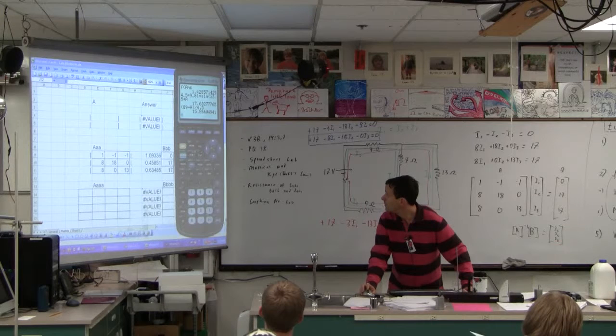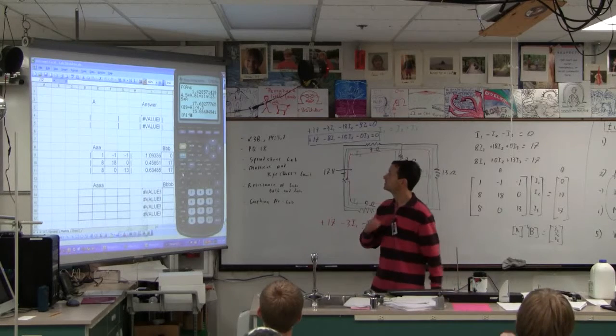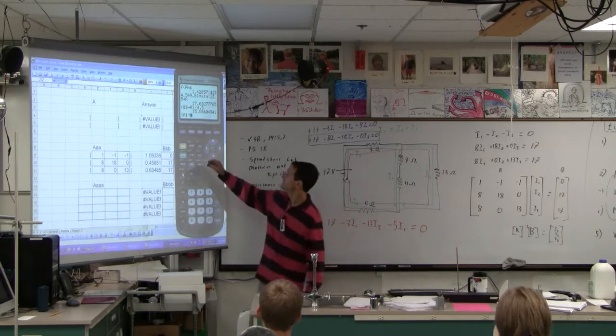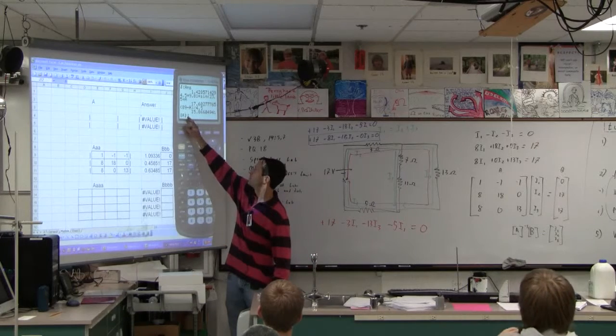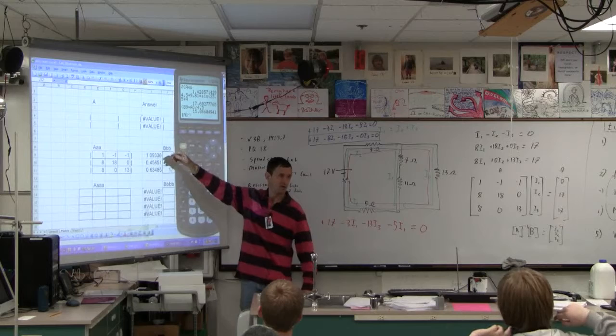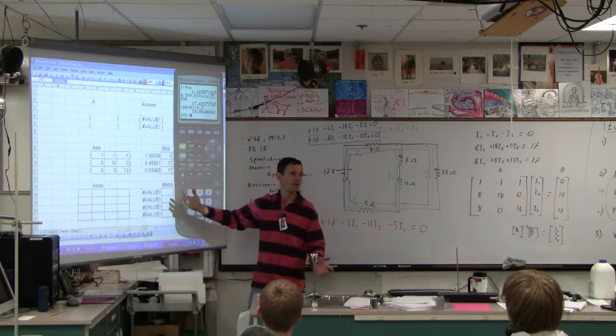Okay. And now we need to barf them back up. So I go second matrix. And names is what I want. And A is the one I want to do. Right? And then I do x to the minus 1, which is a data-driven operator. If it's a number, it just goes 1 over the number. But if it's a matrix, then it inverts the matrix.